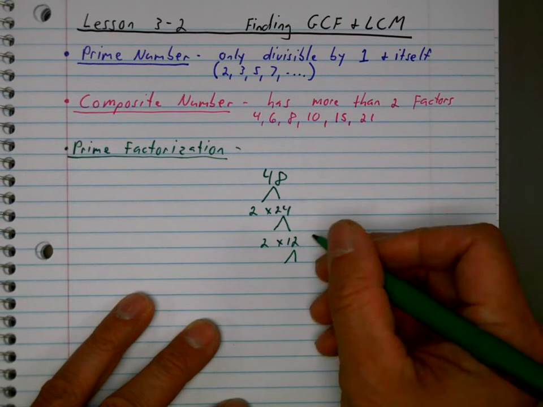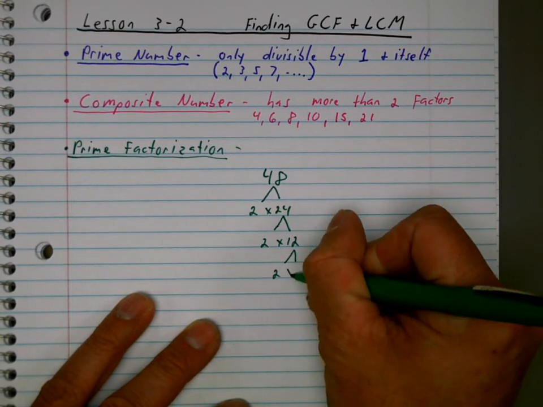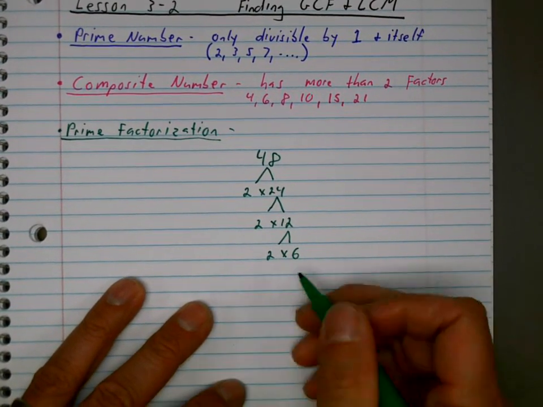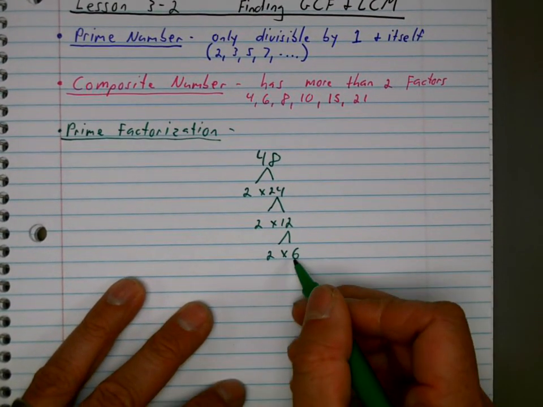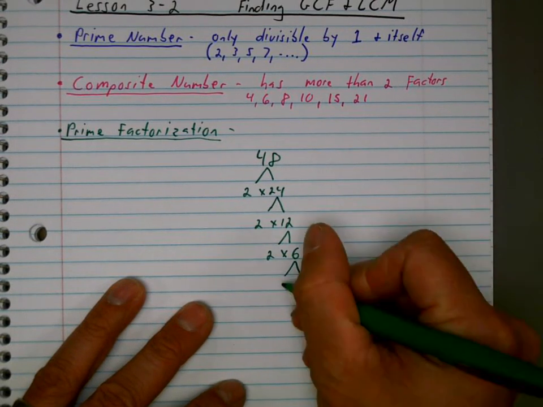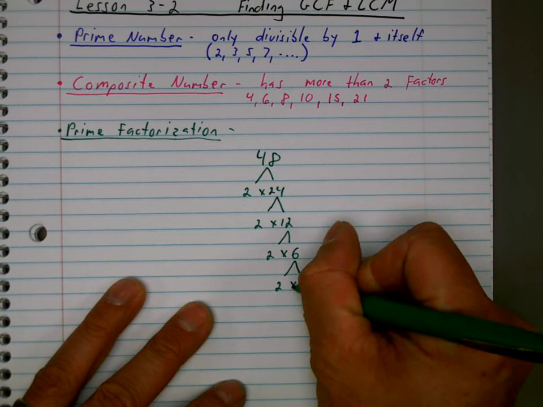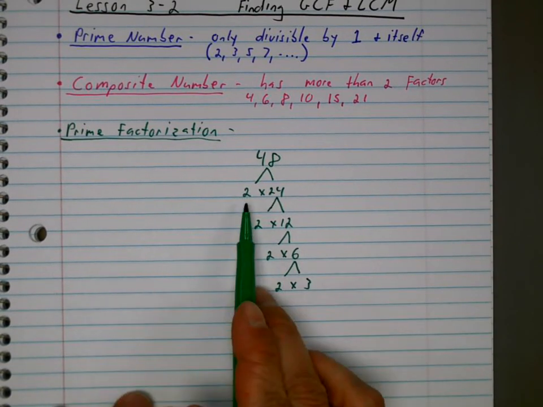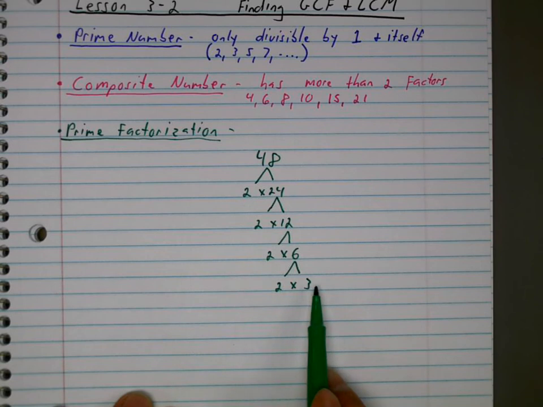And this one, I can break down with 2 times 6. And lastly, I can't break down 2 anymore, but I can break down 6. So in this case, it would be 2 times 3. So this would be broken down into all prime numbers.